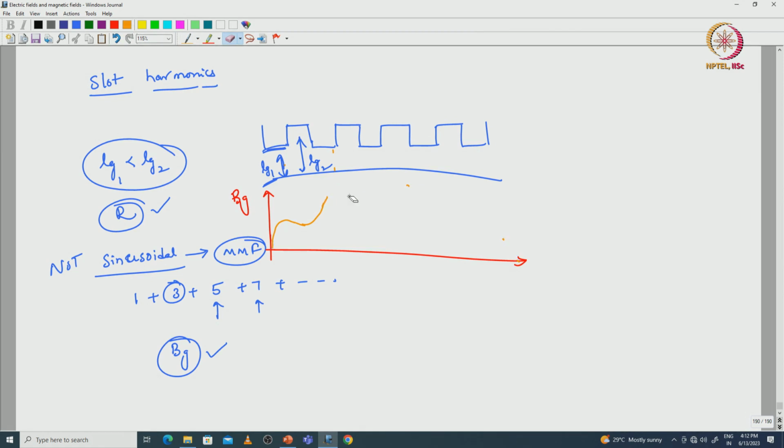So, we can draw the waveform in this way. Okay. So, these are the slot harmonics.